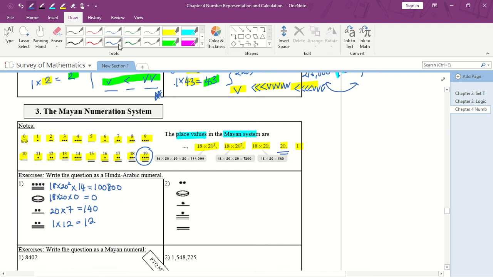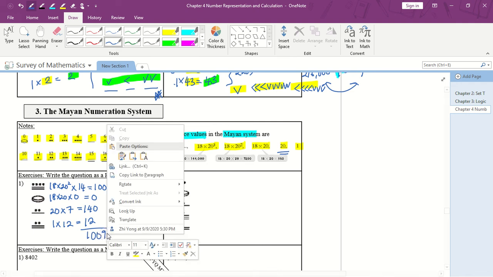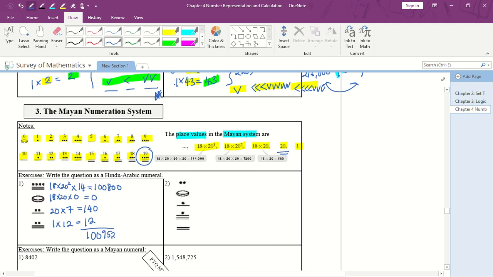And now what you need to do is add up all these values. Press on your calculator and you will get 100,952. And you are done. Isn't that easy? The thing is that you need to remember the place value.